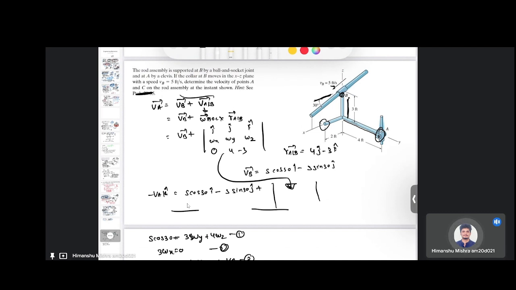Right? So you can see this joint Y is a constant. So this point A can move up and down, so it only has translation motion. It cannot rotate because there is a joint provided here.